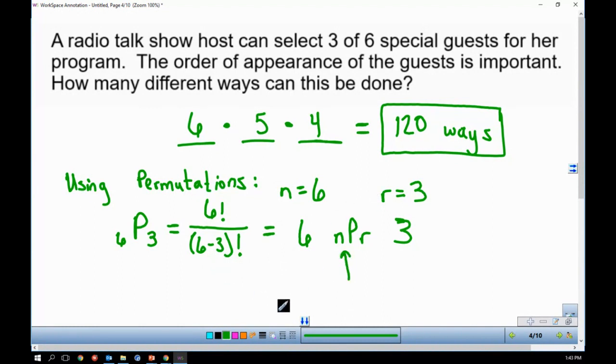So this nPr, you go to math, then go to probability, and I want to say this is choice 2.